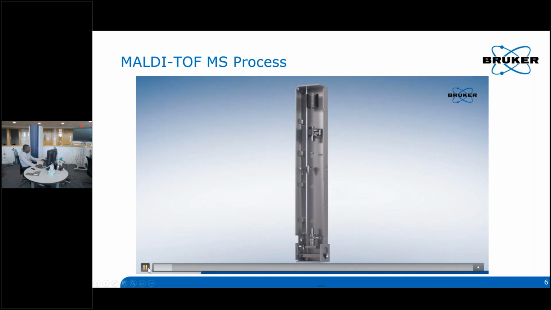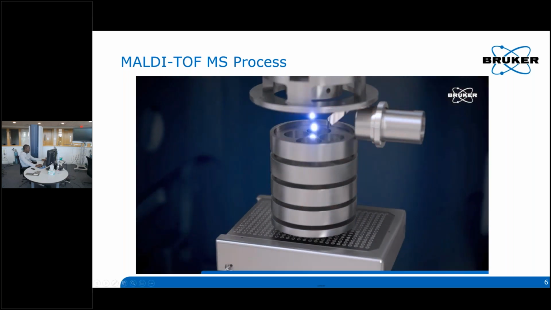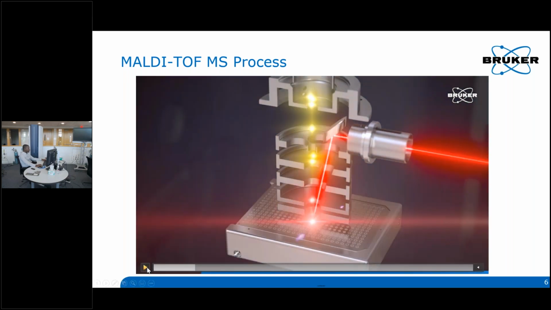So I have a quick video here just to show the inside of the instrument and how the ions are ionized, separated, and detected. In the first step, once you have inserted the target into the instrument, you bombard your sample and matrix crystals on the target with a laser. Then the sample molecules will vaporize into the vacuum, being ionized at the same time.